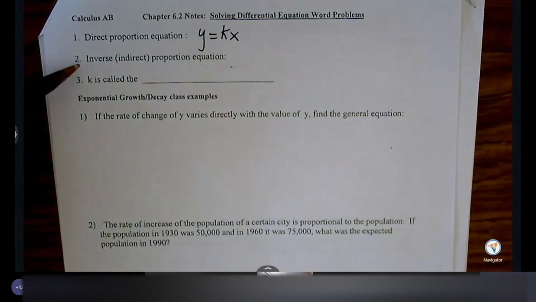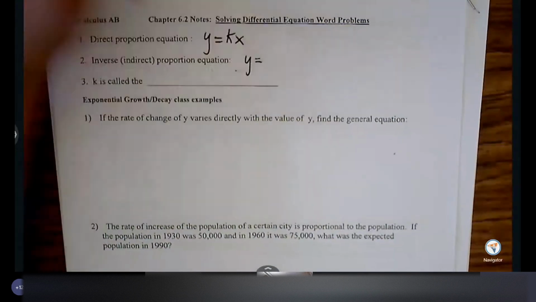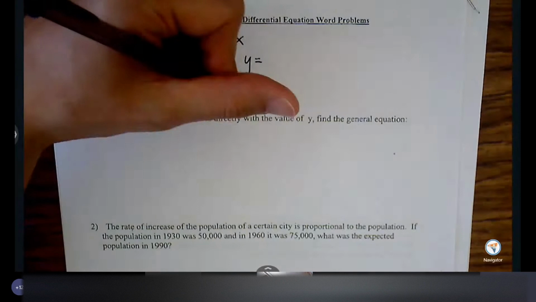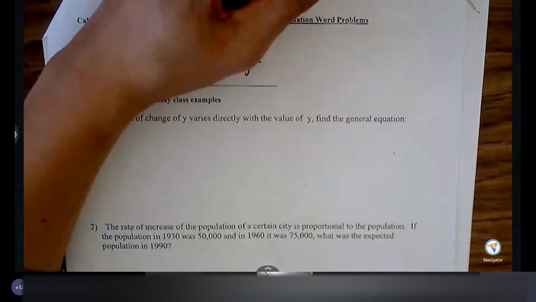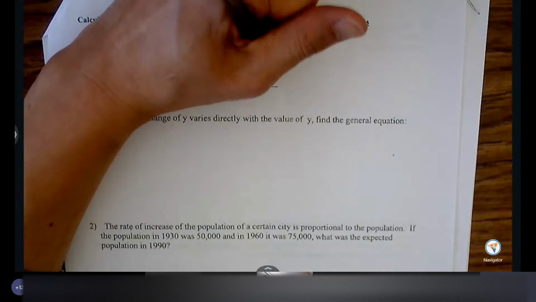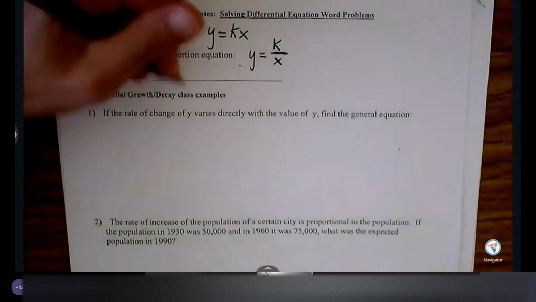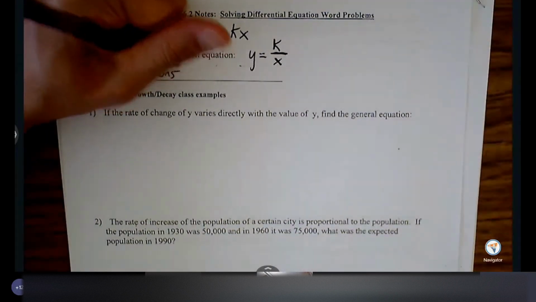And then the inverse proportion, indirect proportion, is where we want to ensure that as one value is increasing, the other is decreasing, to show that there's an inverse relationship. So we ensure that we have one in the numerator and the other in the denominator, with the k again representing that ratio, that proportion between the two variables. So k is called the constant of proportionality.